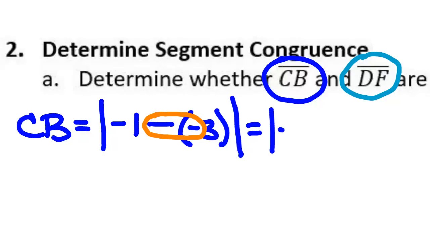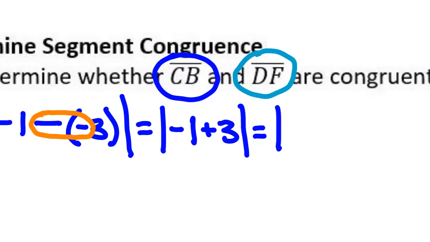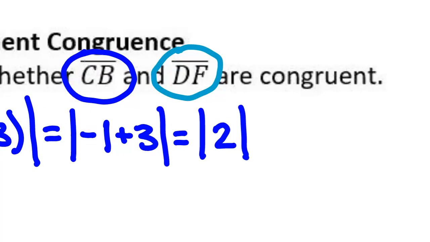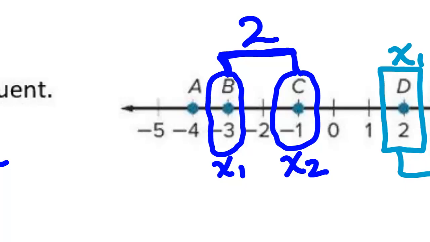Turns it into a positive. So that would be -1 plus 3. What is -1 plus 3? 2. I have the absolute value of 2. And what is the absolute value of 2? 2. So the length from C to B is 2.